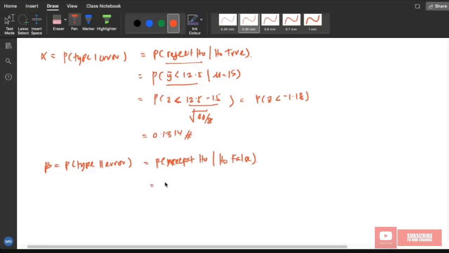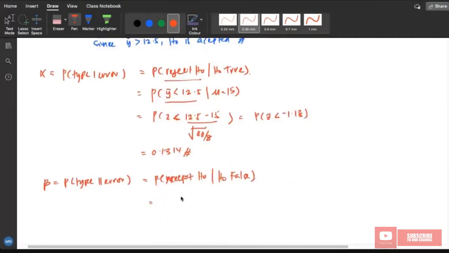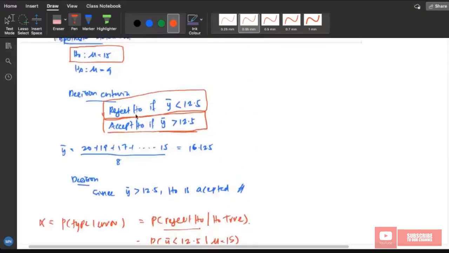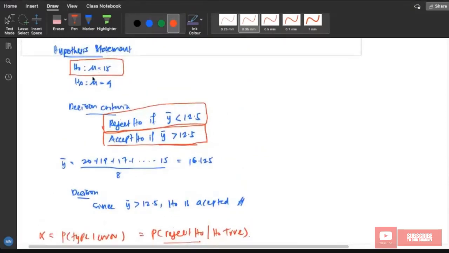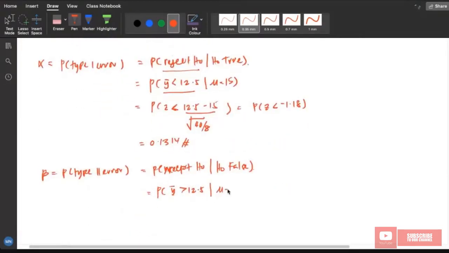To accept the null hypothesis, the acceptance region is when y bar is more than 12.5. So probability of y bar more than 12.5, given that the null hypothesis is false. So we're going to accept the alternative hypothesis, which is mu is equal to 9.